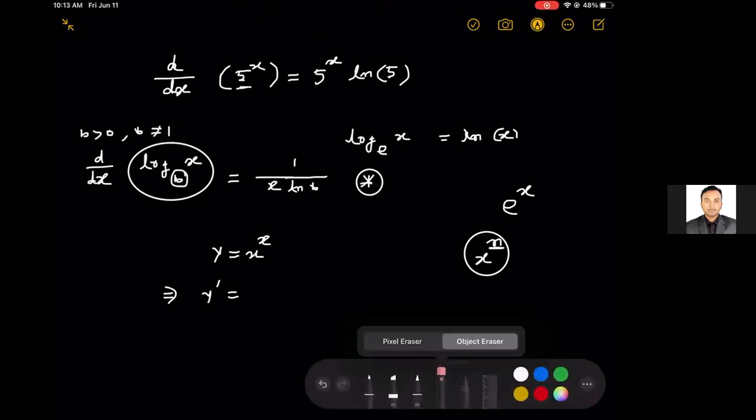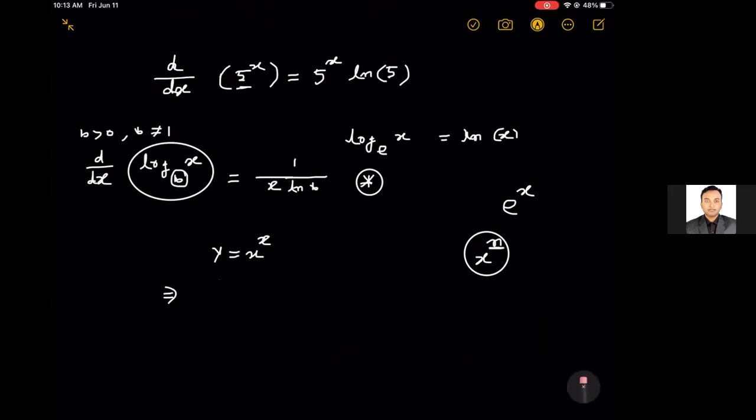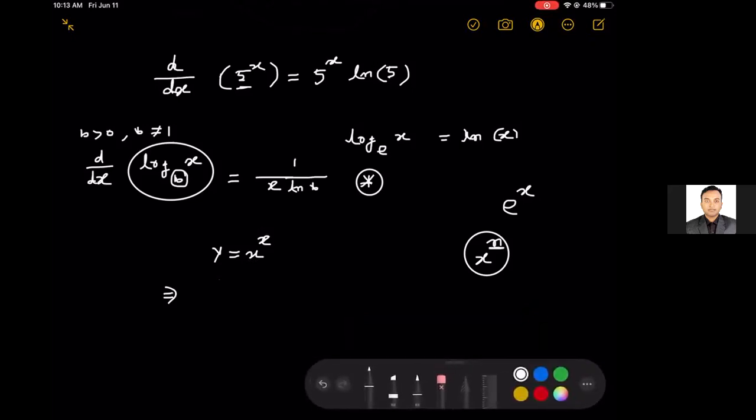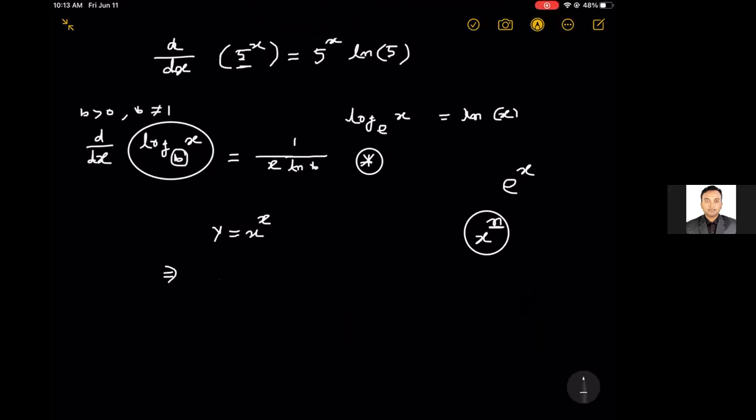So that's when our idea of logarithms will come in handy. Let's do that. If you have this type of problem, the first thing you need to do is to take natural log on both sides. I'll explain why. Let's just trust me now and take natural log on both sides.